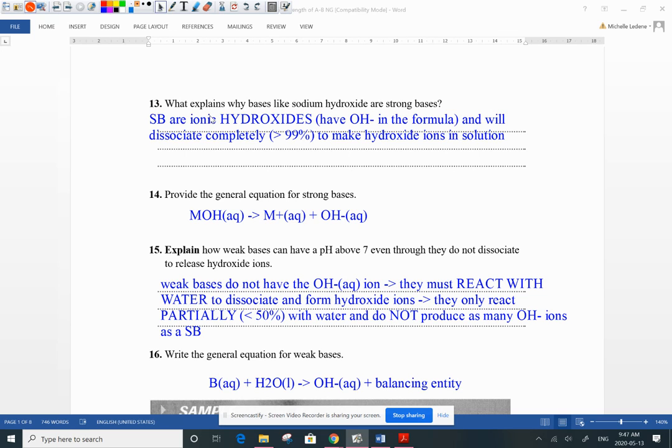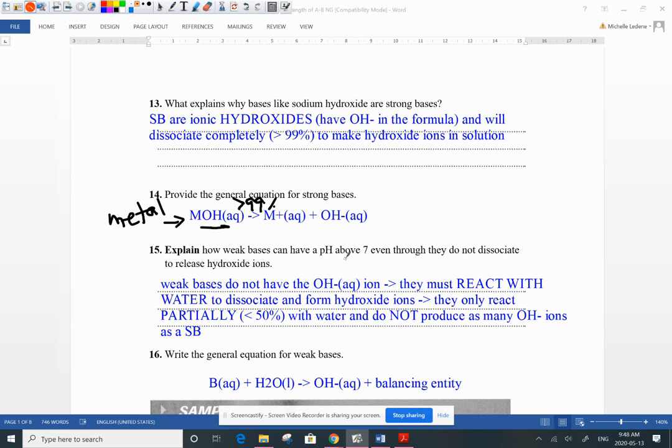They make hydroxide ions in solution. So all of your strong bases have M, that's a metal, right? So a metal ion or ammonium ion, right? So maybe it's calcium, maybe it's strontium, whatever, but it's a metal plus the hydroxide ion, and it's going to greater than 99% just go ahead and break up into its ions. It is going to dissociate.